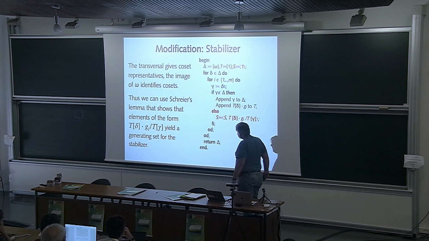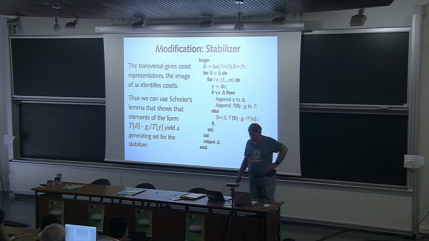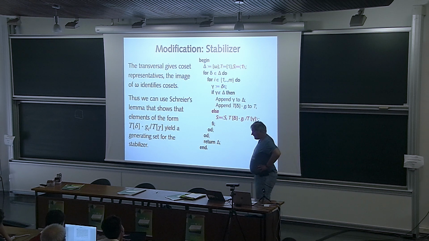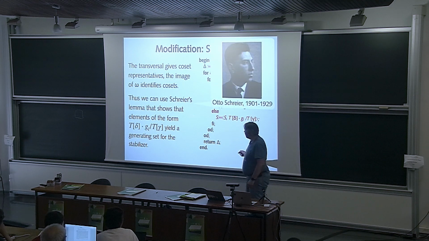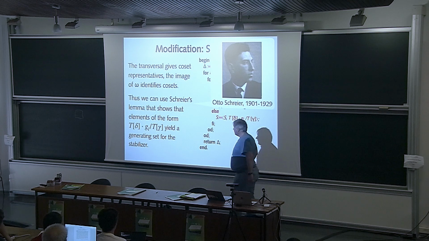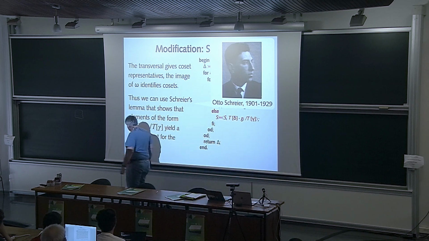So the next question is the stabilizer. How can we find generators for the stabilizer? What we're using there is Schreier's lemma, which is basically made for this case.